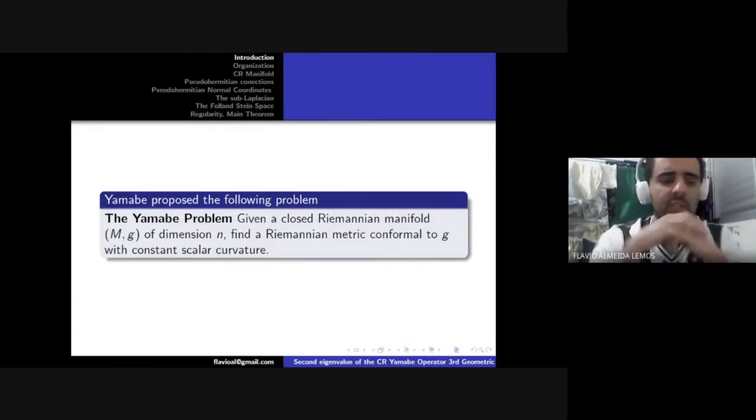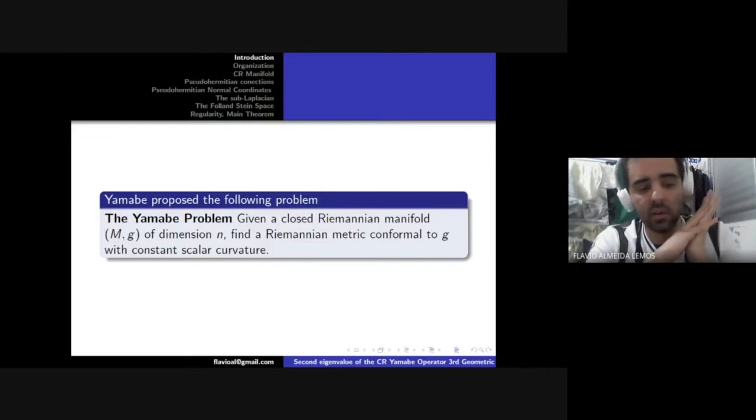A usual strategy in conformal geometry consists in choosing a metric in the conformal class of a fixed metric g, such that the geometry becomes simple in some aspect. For instance, Yamabe proposed the following problem.